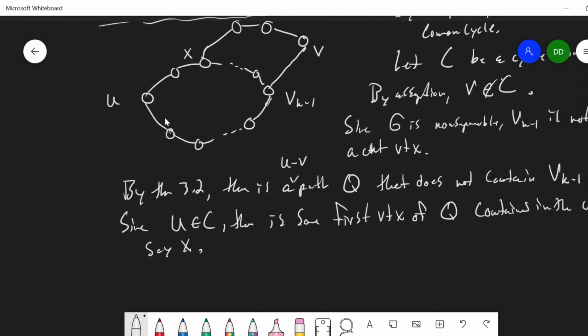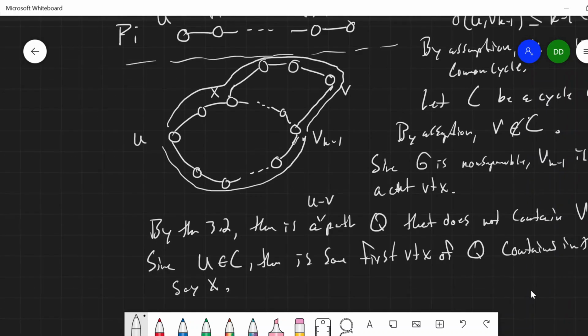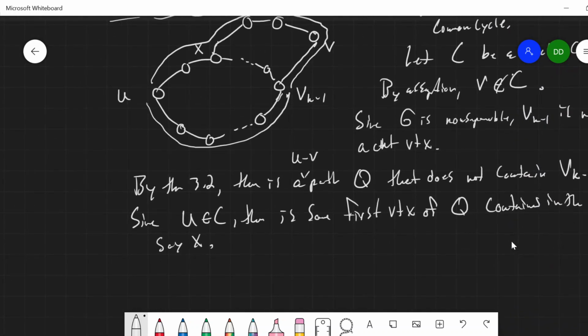Right, we can definitely see the cycle here. So I want to take this part of the cycle and this part of the cycle, and then come back here. That's the cycle that I'm seeing here. So let's see, how exactly do I want to word this?